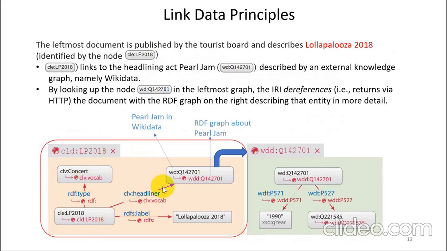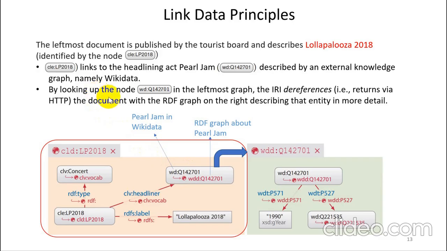Now we consider the leftmost document here. It is published by the tourist board and describes the event Lollapalooza 2018, identified as this node. This node is linked to the headlining act Pearl Jam here. This node is described by the external knowledge graph, namely Wikidata.